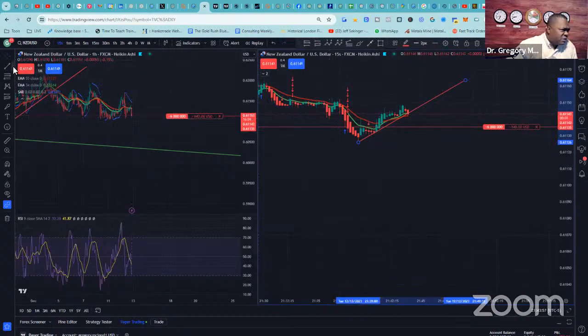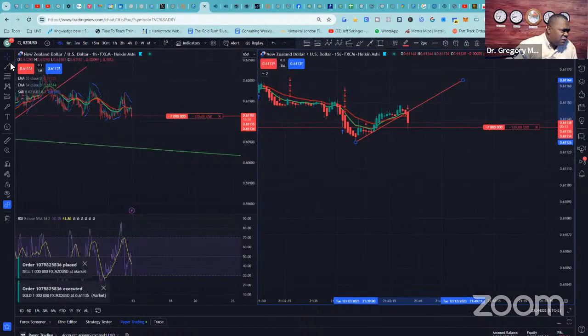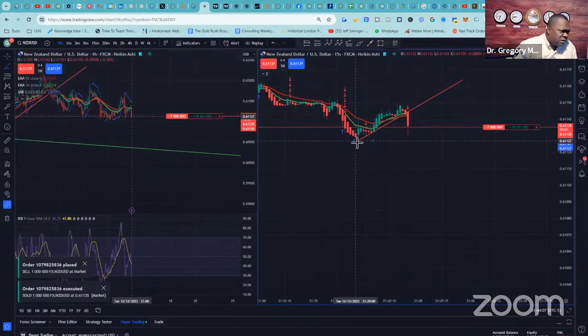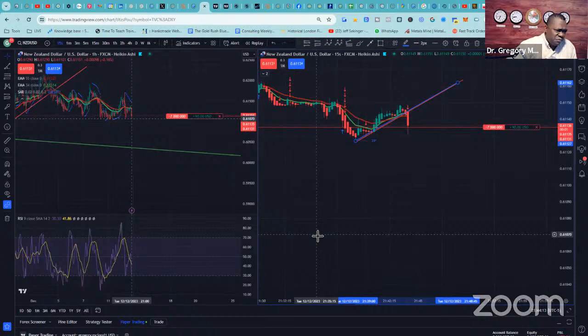There's something called a trend angle. You can actually look at the angle of the trend like that. So you can draw a trend angle. See, that's a 29% angle, which is usually pretty bearish.